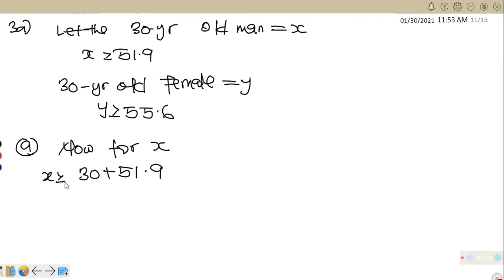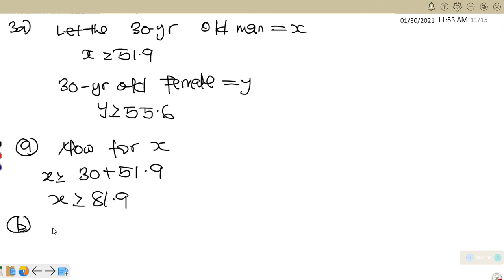So X should be greater than or equal to 30 plus 51.9. That means X is greater than or equal to 81.9. So an average 30-year-old man will live to 81.9 years old in 2014.